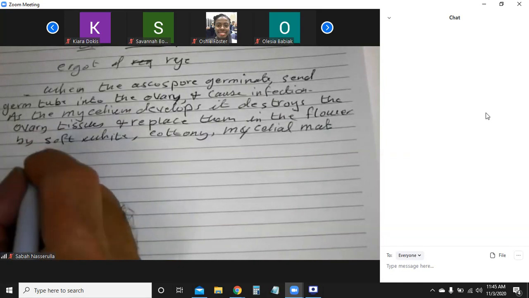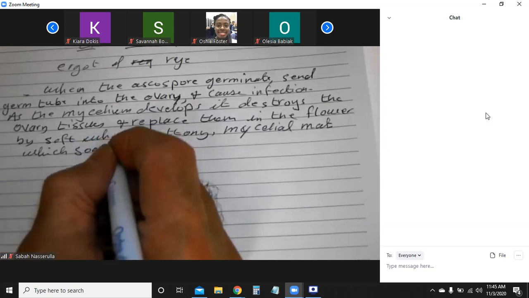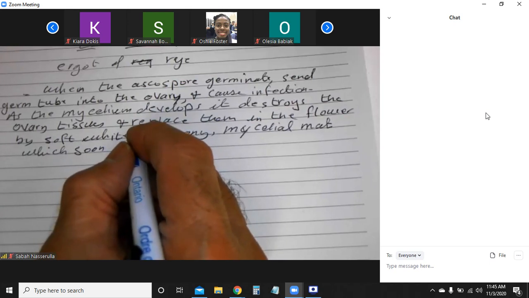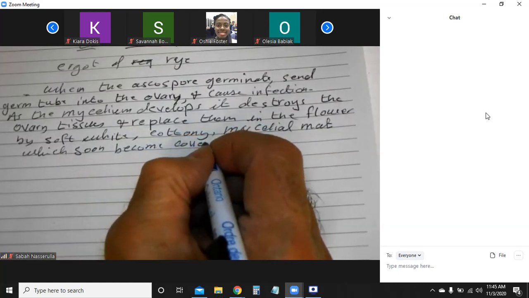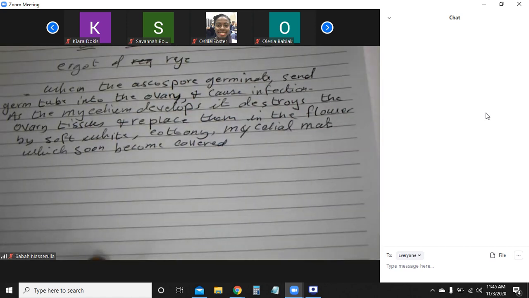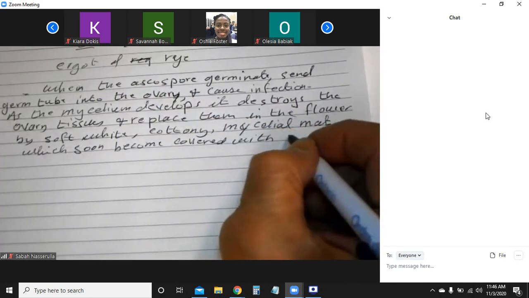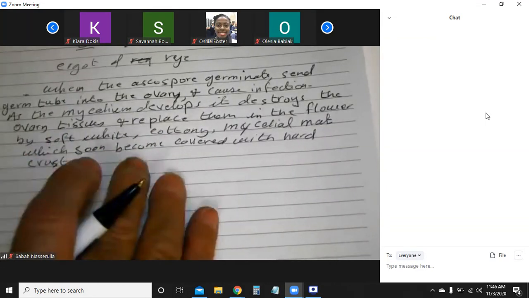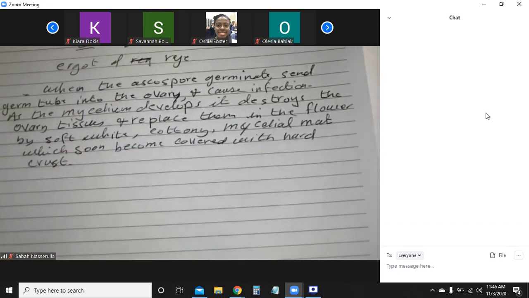Mycelium, which soon becomes covered with a hard crust. Of course, that in the end is going to harden and become the sclerotia.